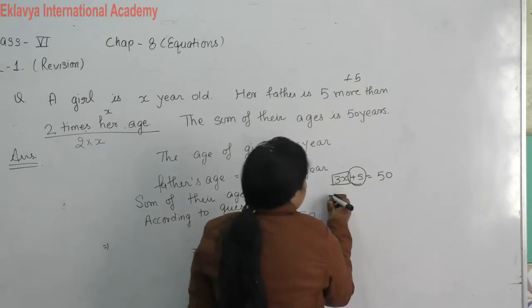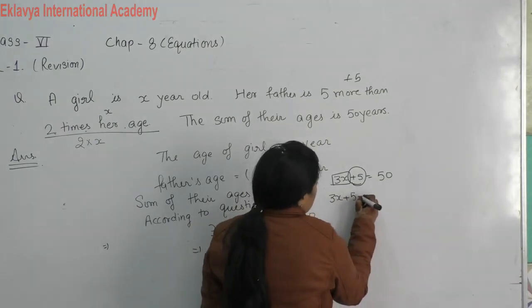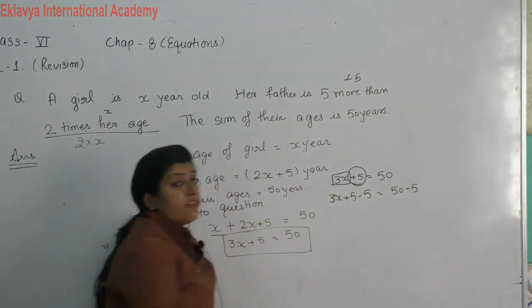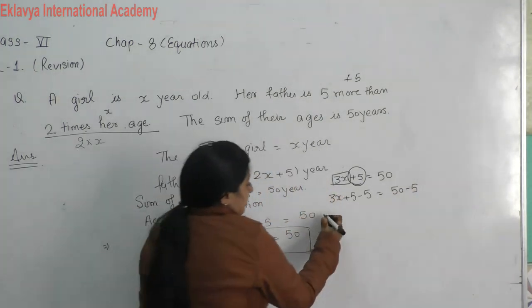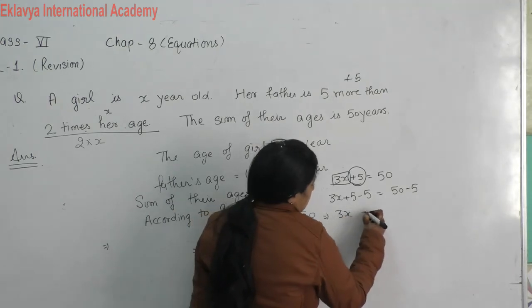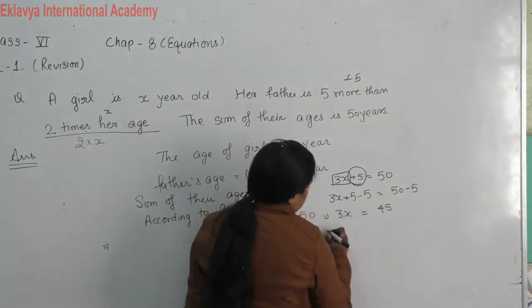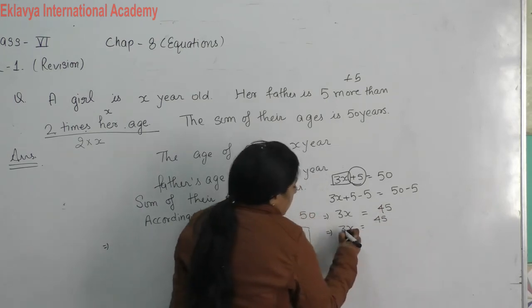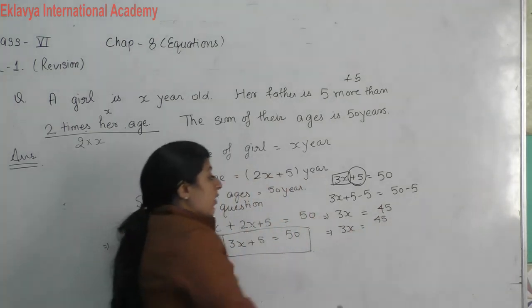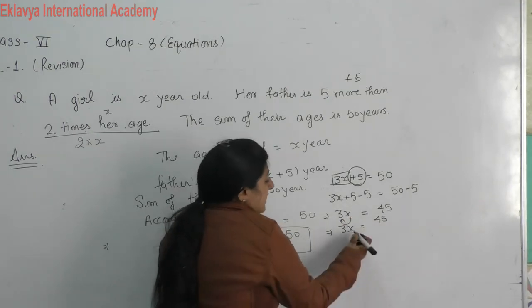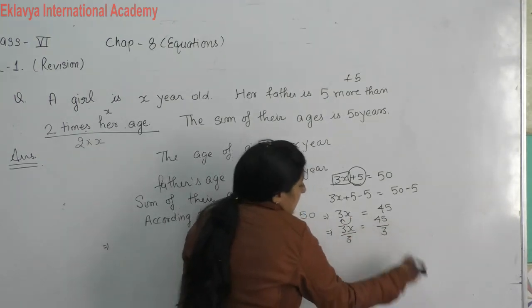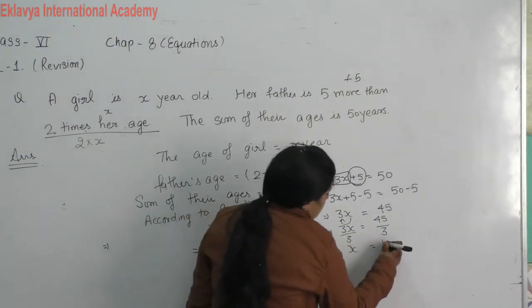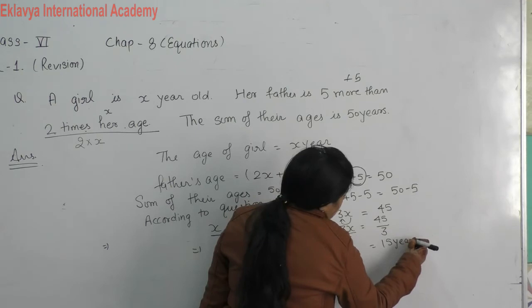So, for eliminating it, we will use the subtraction operation and we will subtract 5 from both sides. 3x is equal to 45. Now, here the operation is multiplication, then we will apply the division operation. Then this becomes x and this is equal to 15 years.